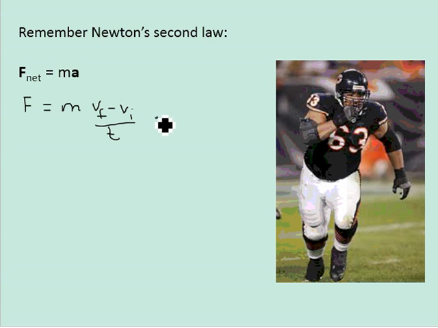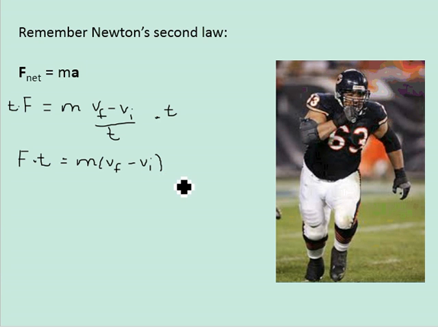We'll do some algebra and move that time over to the other side by multiplying each side by time. And now we get force times the time exerted, or essentially a time over which the change occurs, ends up being equal to the mass of the object multiplied by its change in velocity.